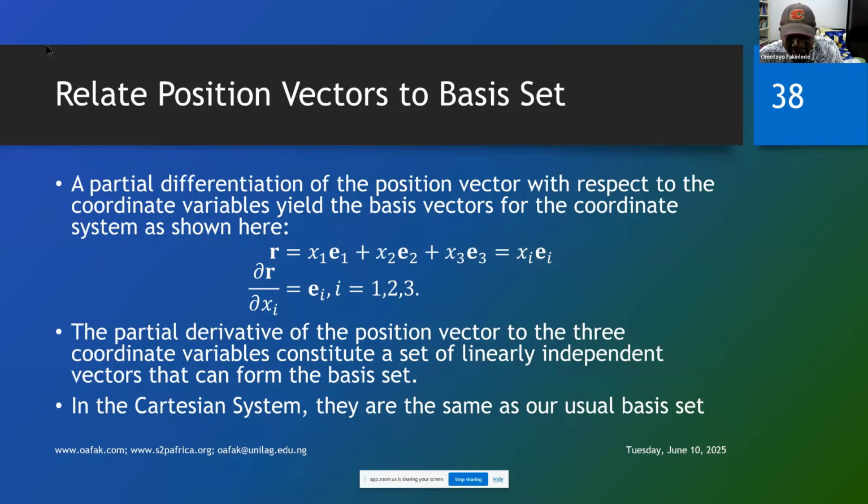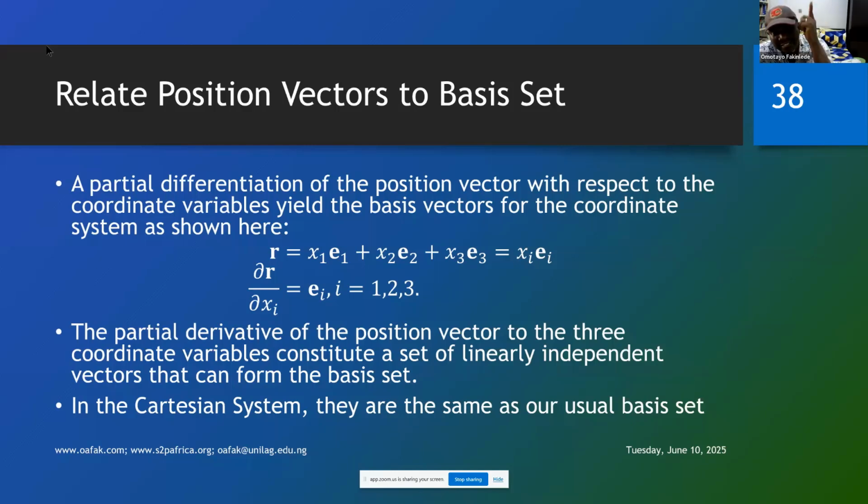In the Cartesian system, they are the same as our usual basis set. So you can see they are E1, E2, E3. This thing we have just done, we are going to use whether we are in cylindrical coordinates, spherical coordinates, confocal elliptical coordinates, oblate spheroidal coordinates, whichever coordinate system, even systems that have not yet been created.